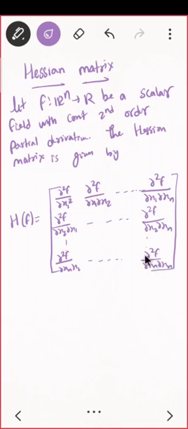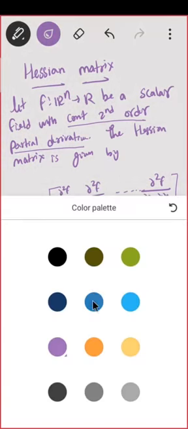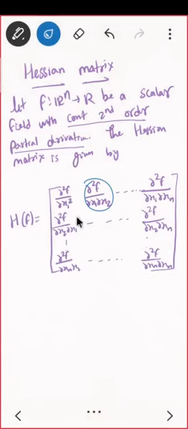Now you observe one thing. Since the function has continuous second order partial derivatives, what do you mean by that? I think we have proved that theorem also, that their mixed partial derivatives are the same, so this will form a symmetric matrix. The value you are having here will be the same as here, x2 x1 and x1 x2.